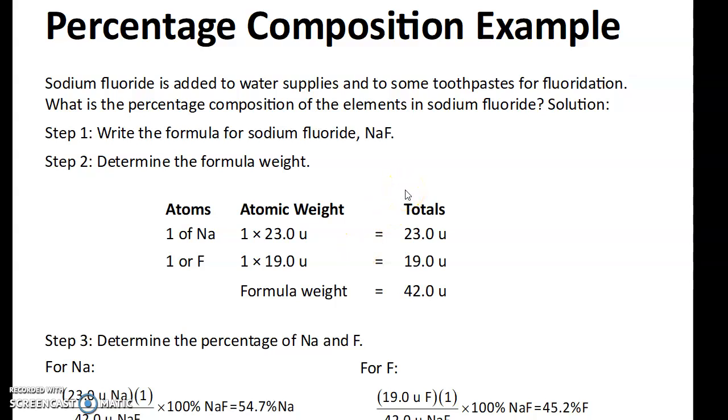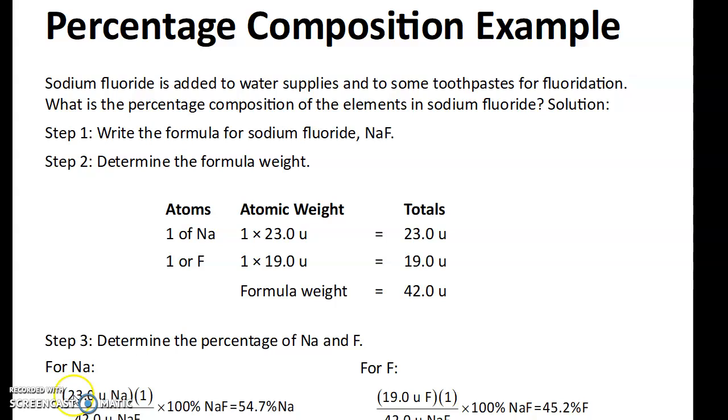We also need to look at things in terms of percent composition. Sodium fluoride is added to water supplies. It's written as NaF. So to determine the formula weight, it would be 42.0, 23 from sodium, 19 from fluorine. So what is the percent of each one? Well, you can probably see this easier on your download than you can on this particular one.